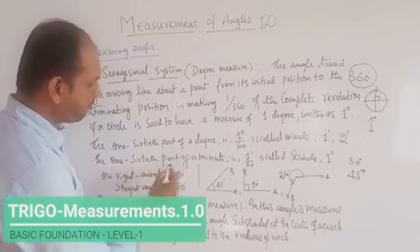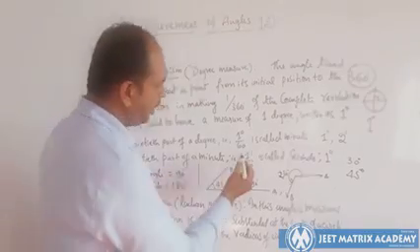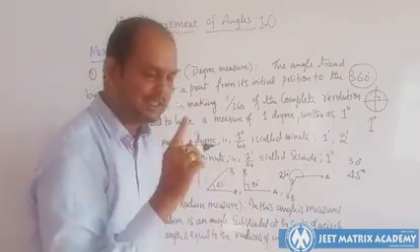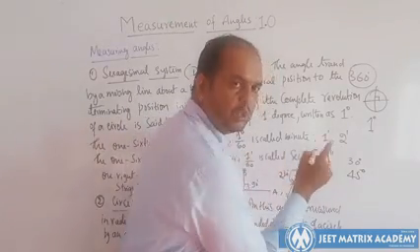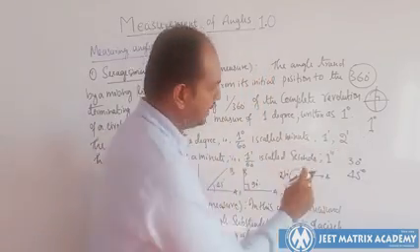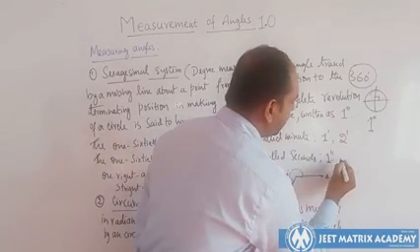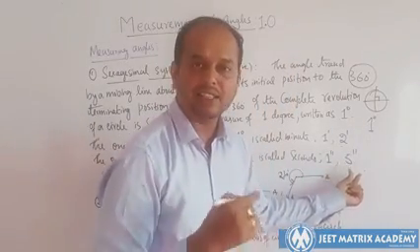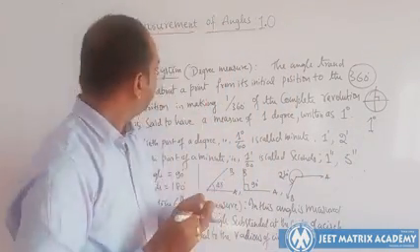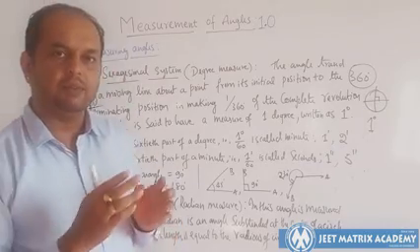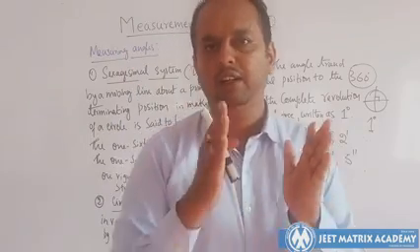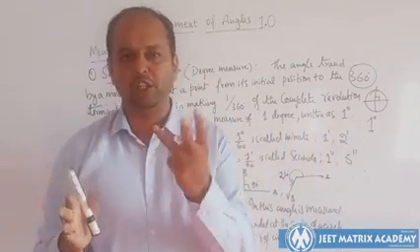Similarly, 1/60th part of a minute is called a second. 2 with a double dash is 2 seconds, and 5 with a double dash means 5 seconds. So in the sexagesimal system the measurement is grouped into degree, minute and second, 3 parts.